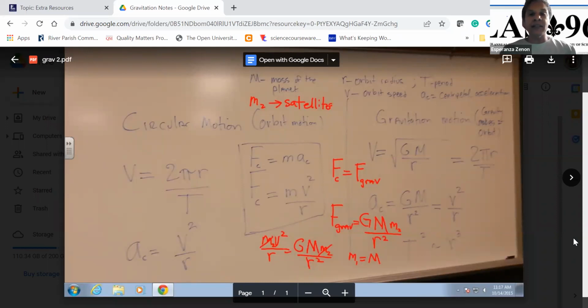So in the box, you see the centripetal force. To get centripetal force, we go back to Newton's second law. Force is equal to what?